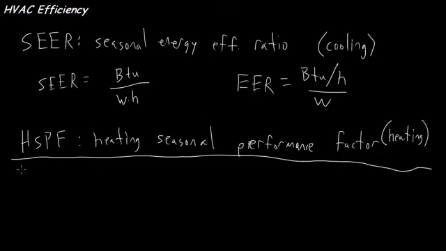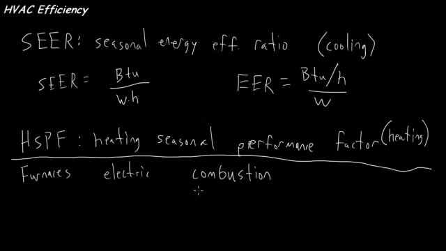Then we come to furnaces. Furnaces can be electric, but they often burn a fuel. We call them combustion furnaces. So the furnace may burn natural gas or propane or something like that.